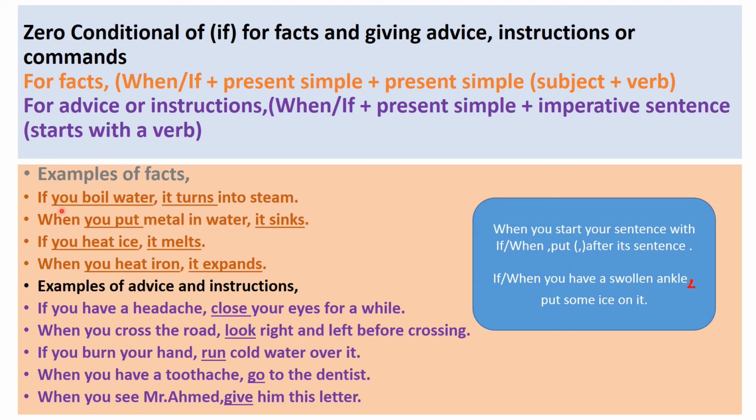If you, subject, boil, verb, and water is the object. If you boil water, what happens? It, a subject, turns, verb, into steam. So after if, we have subject, verb, object. And the second part will be subject and verb.